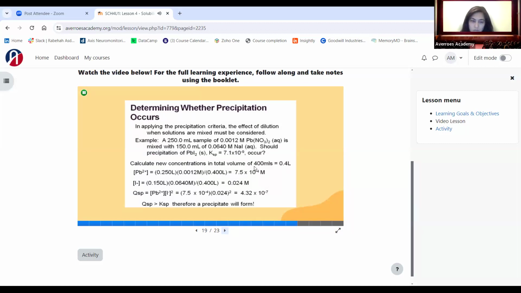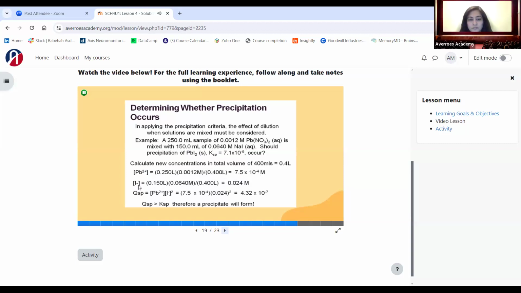So we calculate the new concentrations in the total volume, and a total volume of 400 milliliters, which is 0.4 liters. Right, we have 250 milliliters being mixed with 150 milliliters. The concentration of our lead ion is 0.25 times 0.0012, all over our total amount of 0.4 liters, and we get 7.5 times 10 to the negative 4.